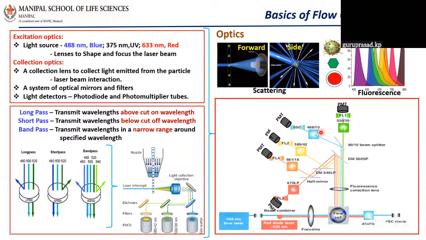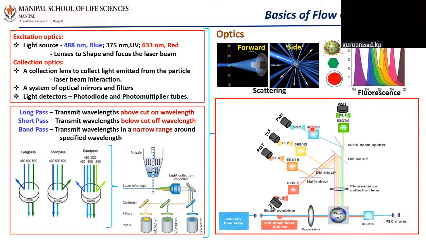Side scatter is nothing but a scattering property. When the light enters into the cell, it hits many particles, deviates, and the light comes out of the cell, and that light is collected and allowed to enter into another detector, and this detector is referred to as the side scatter detector, and this gives us the complexity or granularity of the cells.